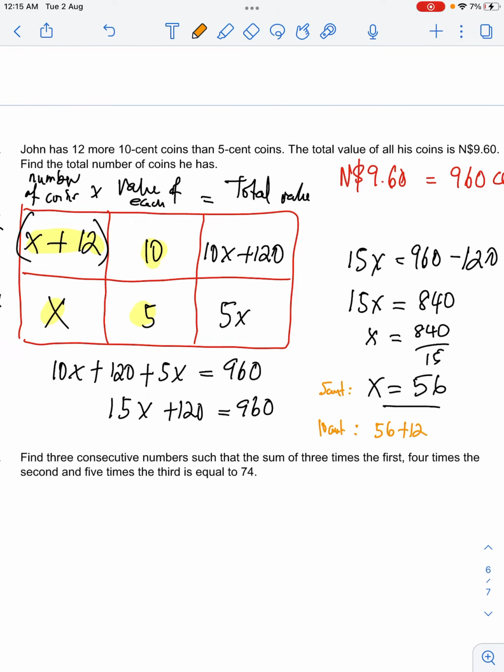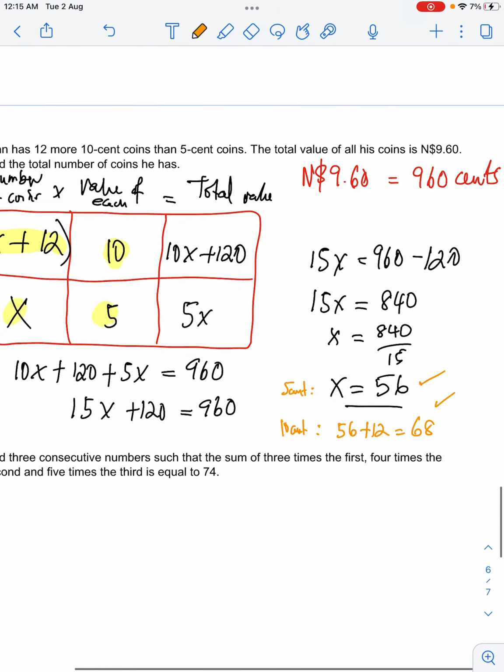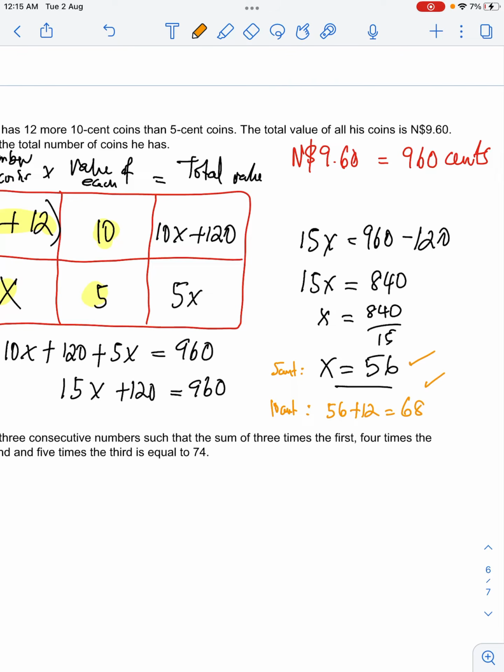Okay, and if you add, you will see that he has 68. So when he says the total number of coins that he has, we're not done. So the total number of coins, you're going to say 68 plus 56, right? Total number of coins is 68 plus 56, which is 124. Okay, you need to answer that question.